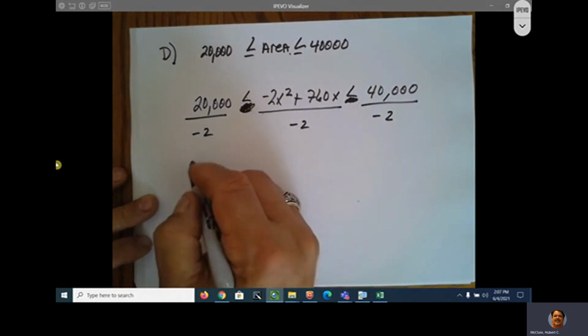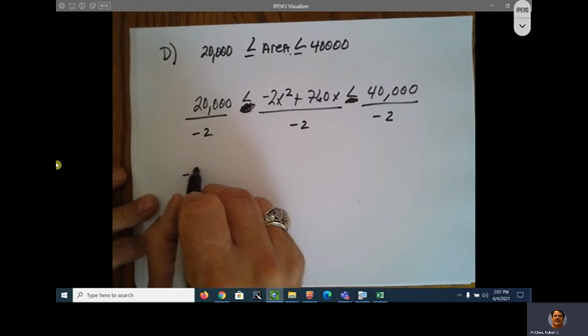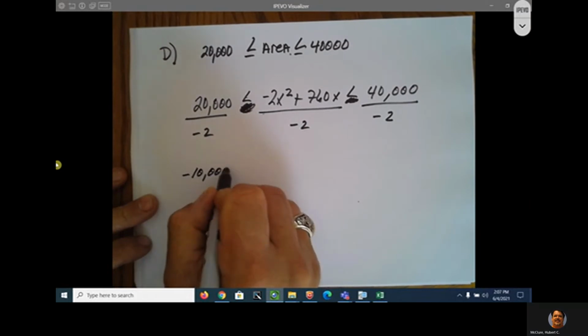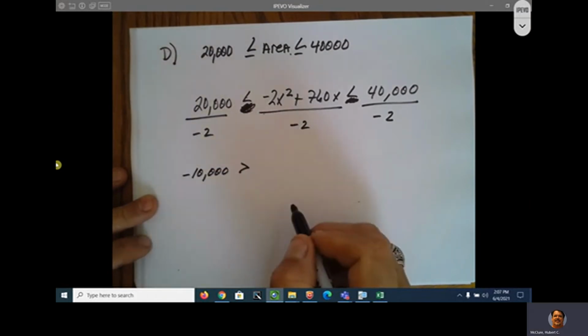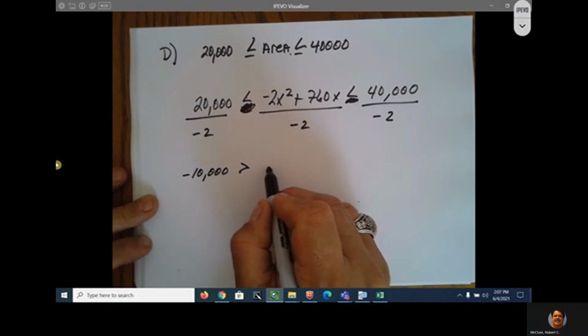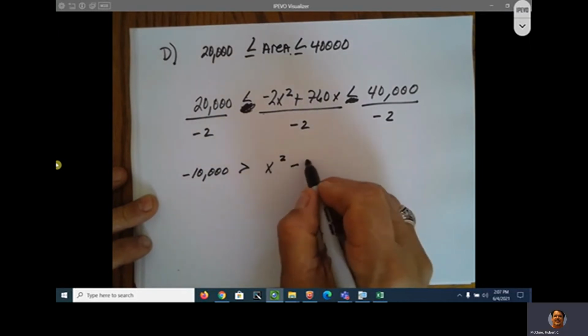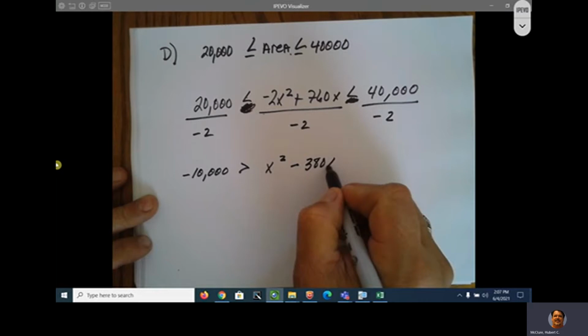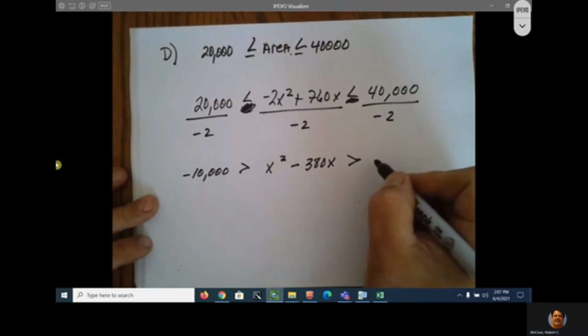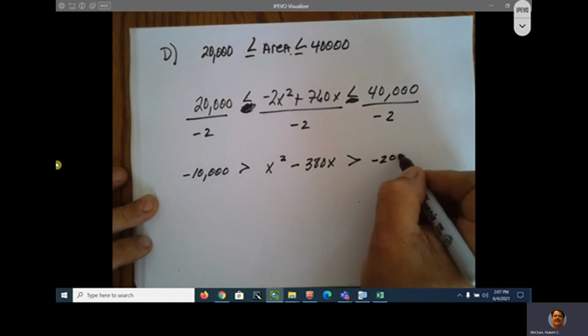So that's going to give you negative 10,000 greater than x squared minus 380x, and that's negative 20,000.